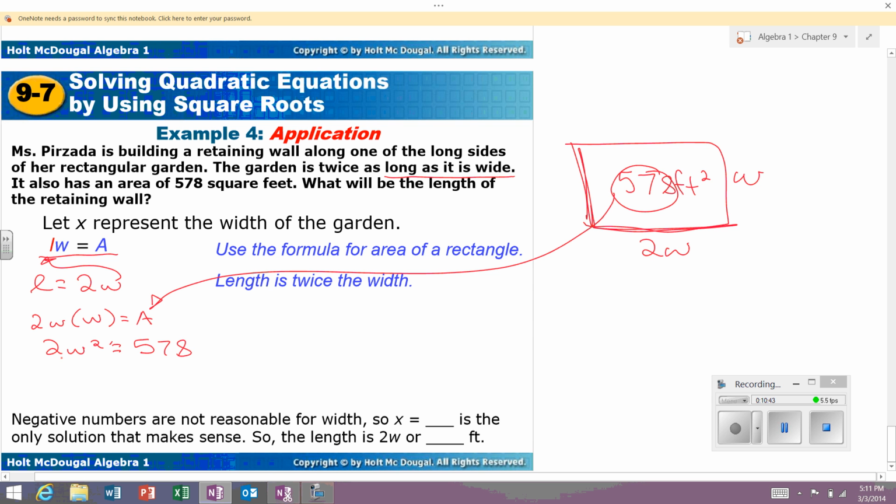Now I want to isolate the squared part, so I'm going to divide both sides by 2. So I get W squared equals 289.